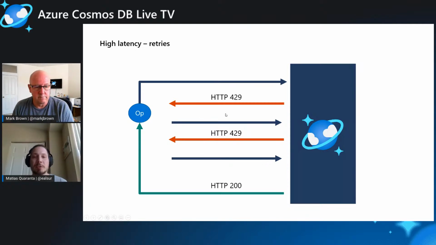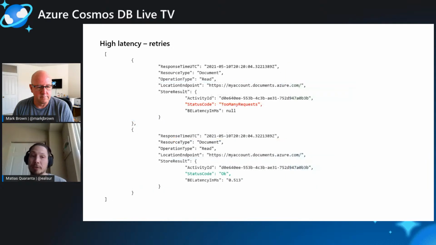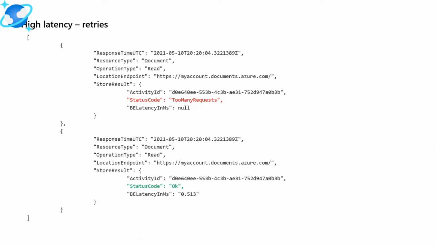But how do we spot these retries? Or how do we spot these internal retries that the SDK is doing in order to complete this operation with the higher latency? And we again go to the diagnostics. If we open the diagnostics for this particular operation, we'll see something like this. We'll see multiple network interactions, each with maybe a different URL or time, but we'll see the status code of the responses.